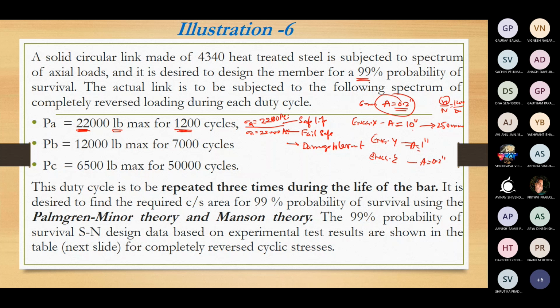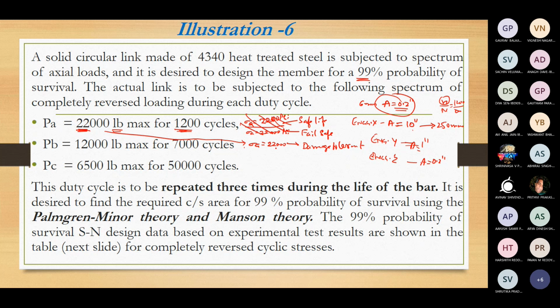So like this, initially you have to make some prediction, not start with any number blindly. So if somebody is proposing 0.2 inch, just calculate and tell me what the stress is for the first case, sigma A with 0.2 inch.